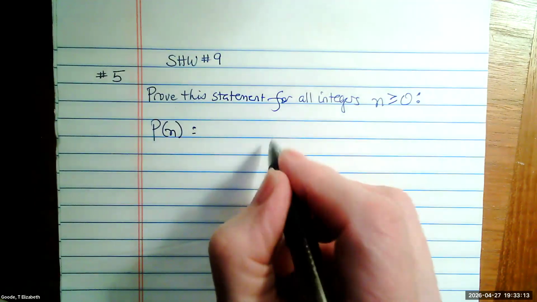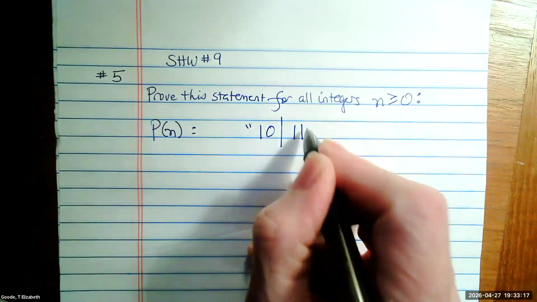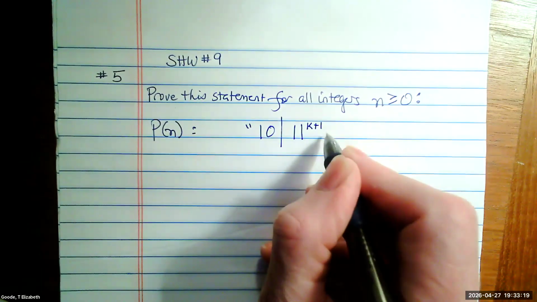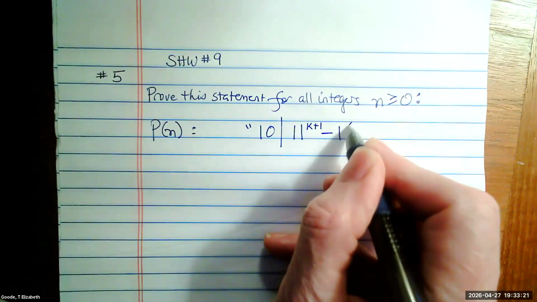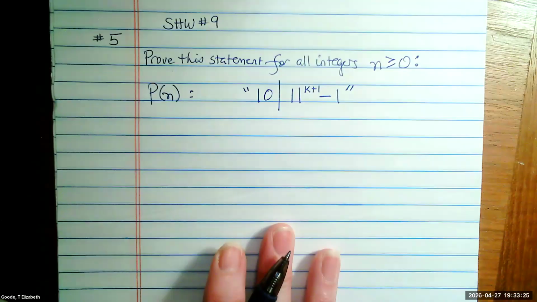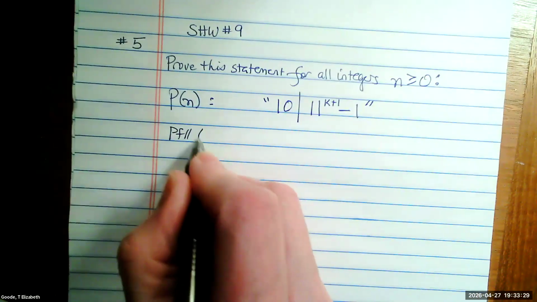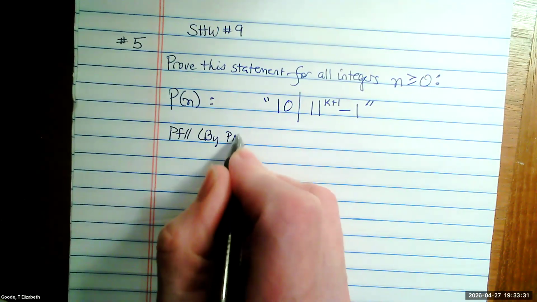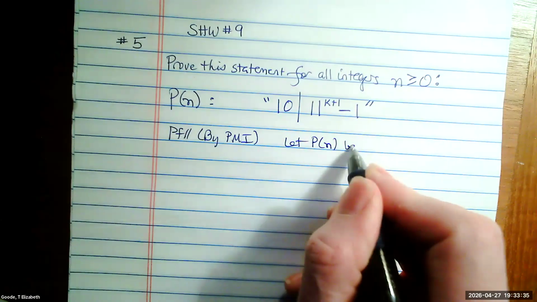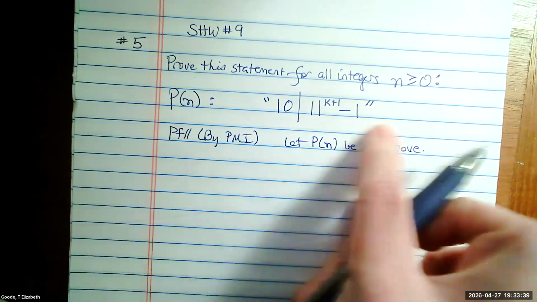It's that 10 divides 11 to the k plus 1, whole thing minus 1. It's a divides problem. For the proof by the PMI, we're just going to let P of n be as above.